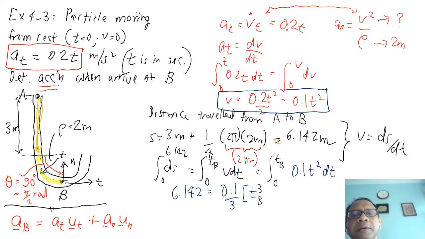Let's erase that. From there you can get t_B equal to 5.69 seconds.